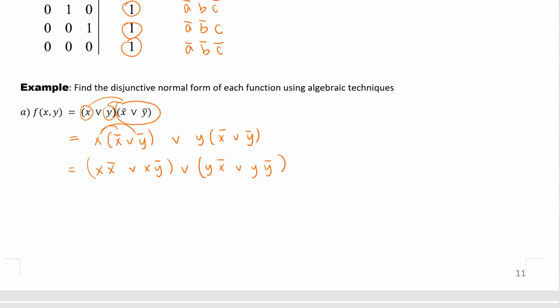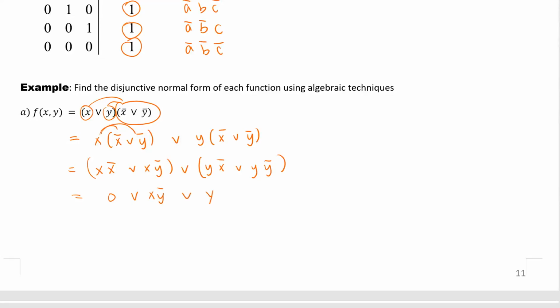Okay, now because all of these are OR, we don't need the parentheses. And then what is x and x bar? You can think of it like a set complement: x and its complement intersection is empty. So this is actually 0. But 0 or whatever is just that thing, right?